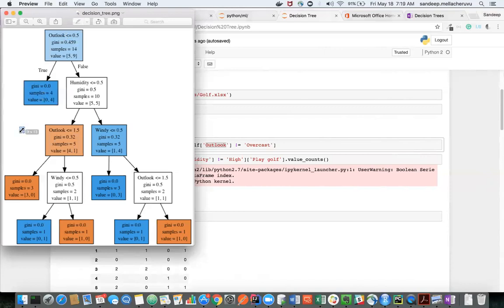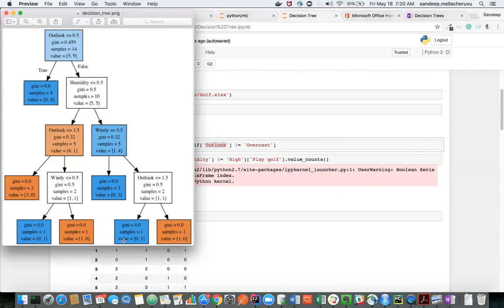If you are having a pure node, it means that you are able to classify properly with this condition. If you are getting an impure node, then you are not classifying it properly, so you have to split it again. How many times do you have to split?